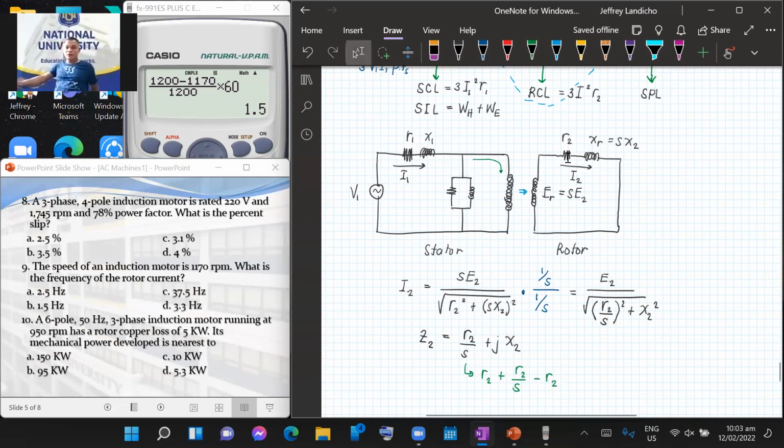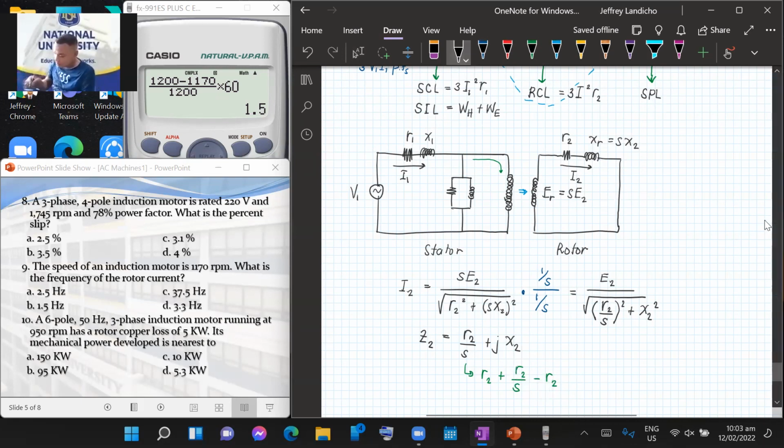Tama? Walang nagbago? Kasi R2 minus R2, 0. Babalik tayo, no? R2 over S. So, ginawa natin yun para mahiwalay natin yung mismong rotor resistance. So, nung hiniwalay natin yung rotor resistance, we have another resistance. So, this resistance, it is the equivalent resistance of what? Power developed.